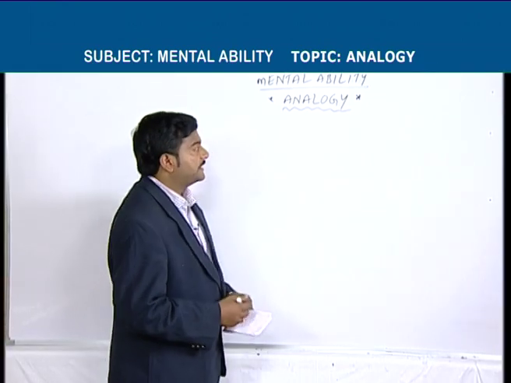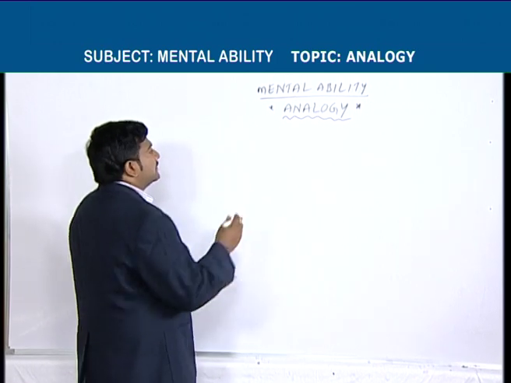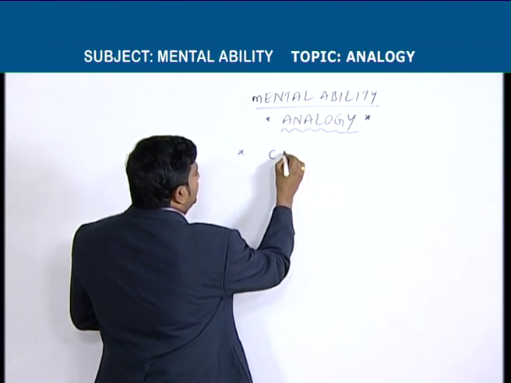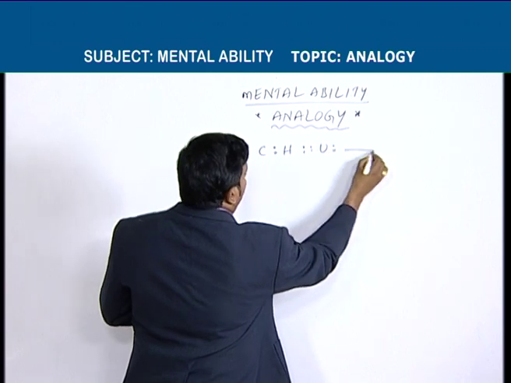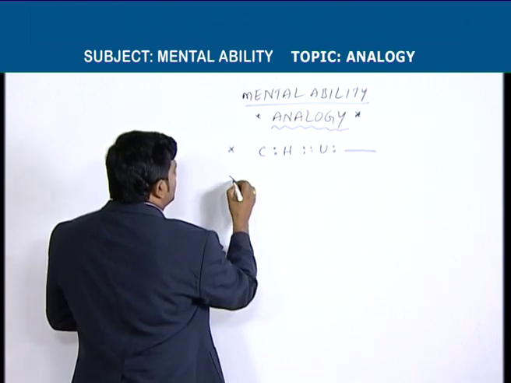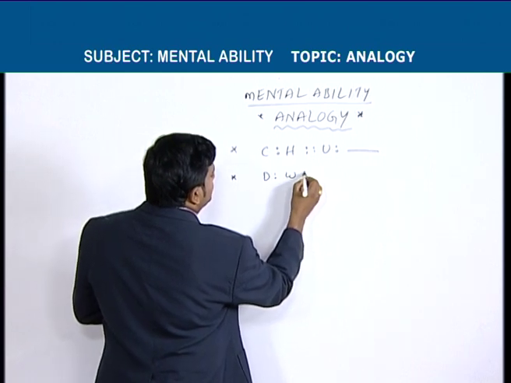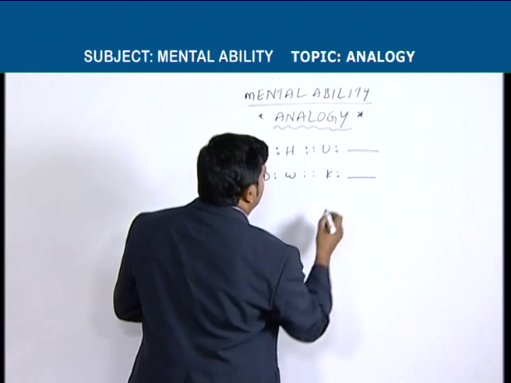Let us start by taking some examples regarding letter analogy. So the question is as follows. Let's say C is to H as U is to dash. That is one question. And the next one, D is to W as K is to dash.